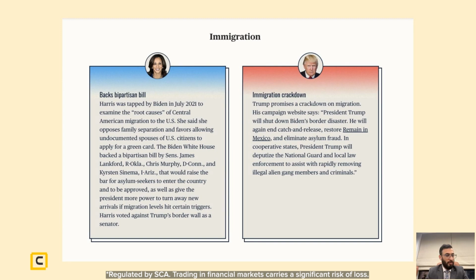In the case of Donald Trump, he's pretty much closed to the idea of rapidly allowing people to enter the United States, while Kamala Harris backs a bipartisan bill which will give the president more powers to control that migration, but at the same time will allow people to seek asylum in the US if they are in need. So again, a major difference between the immigration policies of the two.